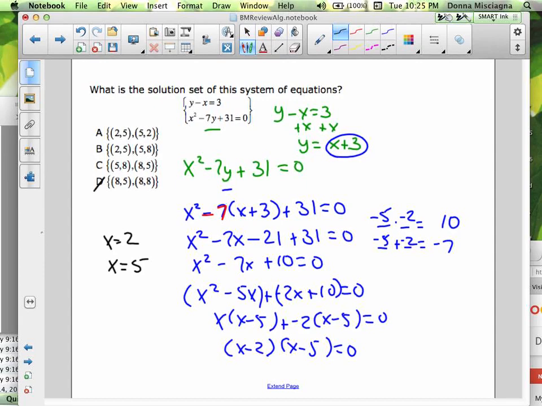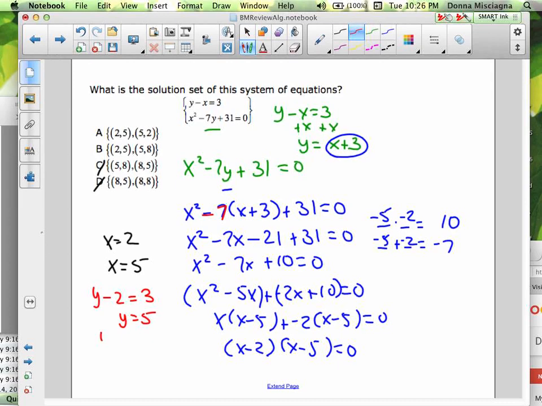Well, these two have the wrong x values. Plug it back in to find the right y values. We should plug it back into the easiest equation to work with, and that's that first one. So y minus 2 equals 3. So y is 5. And now we still can't tell for sure because 2, 5 is a point in both of them.